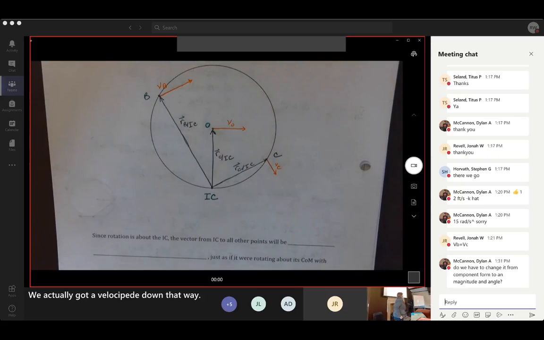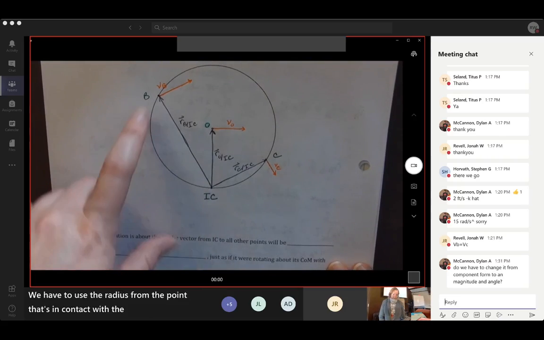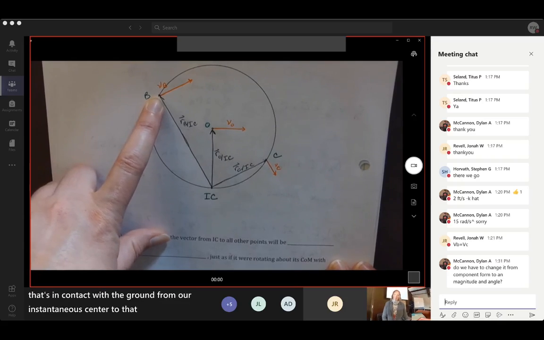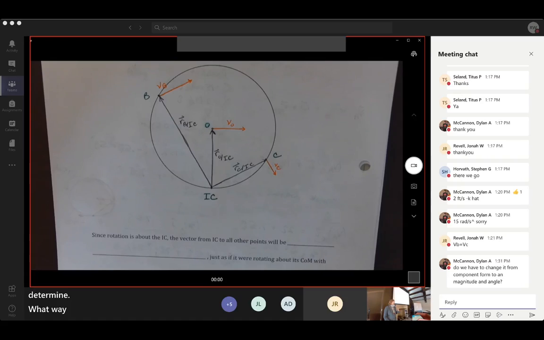What do you notice about all of these? So our velocities and our radii are perpendicular because when we have a rotation, we always have velocity in a tangential direction. So here, because we're rotating not about the center of the wheel, but about the point that's in contact with the ground, we have to use the radius from our instantaneous center to that point to determine what way our velocity is going.